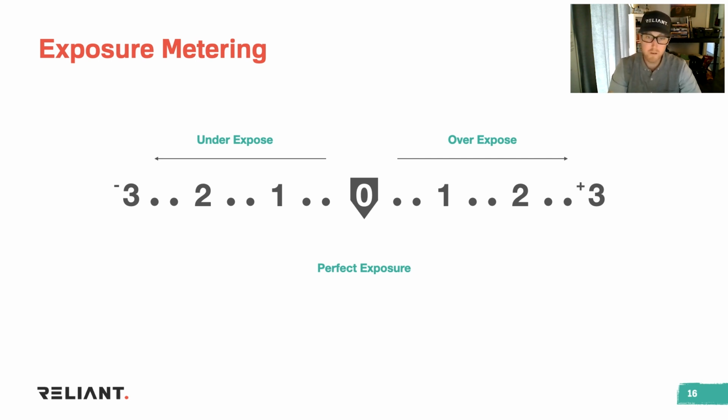So if you look through your viewfinder, you're going to see a scale that looks similar to the scale shown here. Your exposure meter can usually be found at the very bottom of your viewfinder. And as you change your shutter speed, your aperture and your ISO to brighter settings, that little ticker will move to the right, and you'll know you have overexposed or your exposure is too bright.